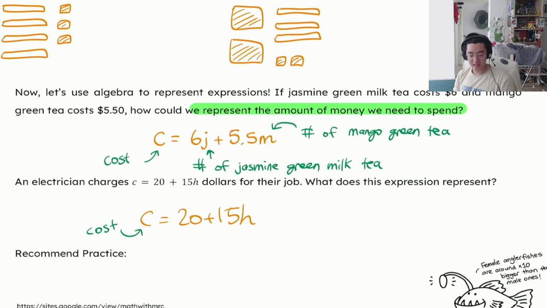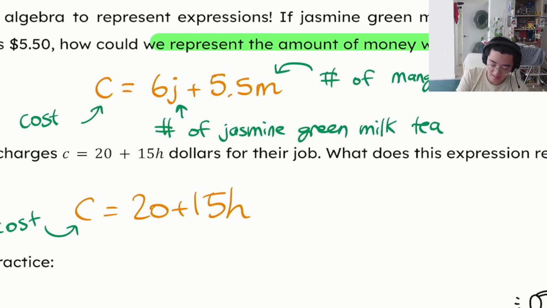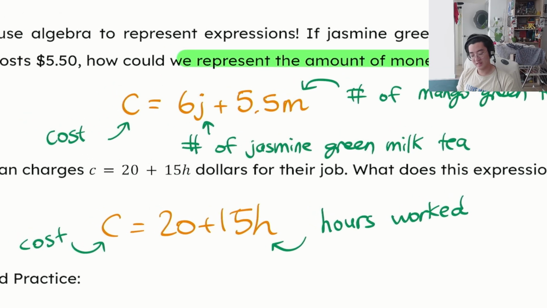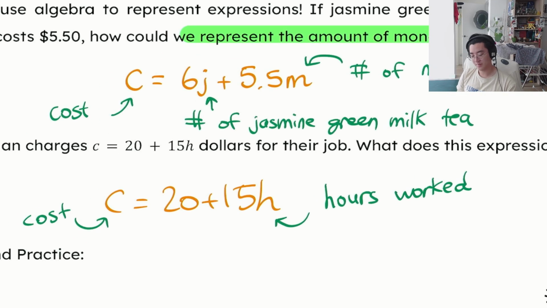15h. Now, in most jobs like this, they get paid by the hour. So we can assume that the h in the 15h is hours worked. So this is saying that the cost is 20 plus 15 times how many hours they have worked.